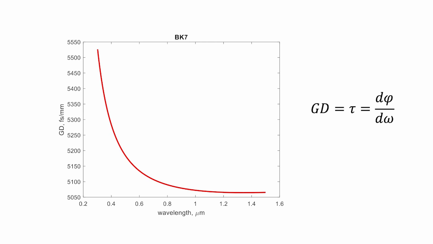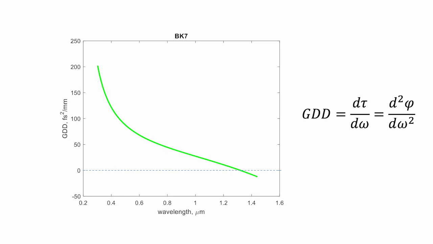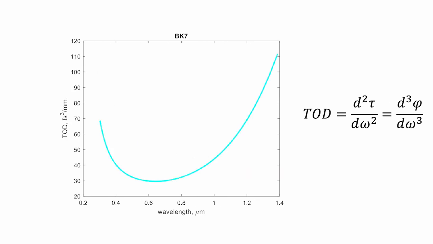And you can see that the group delay depends on the wavelength. That means that if we take the derivative again, you can see that there's a group delay dispersion. That is, the group delay depends on the frequency. That means different frequency components will travel at different speeds, and then your pulse will be distorted because of that. We can look at the next slide, and you can see the third order term.